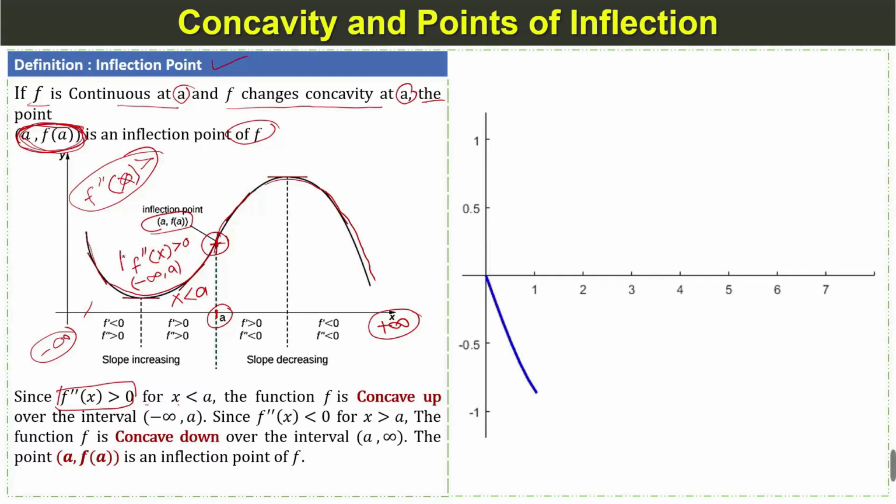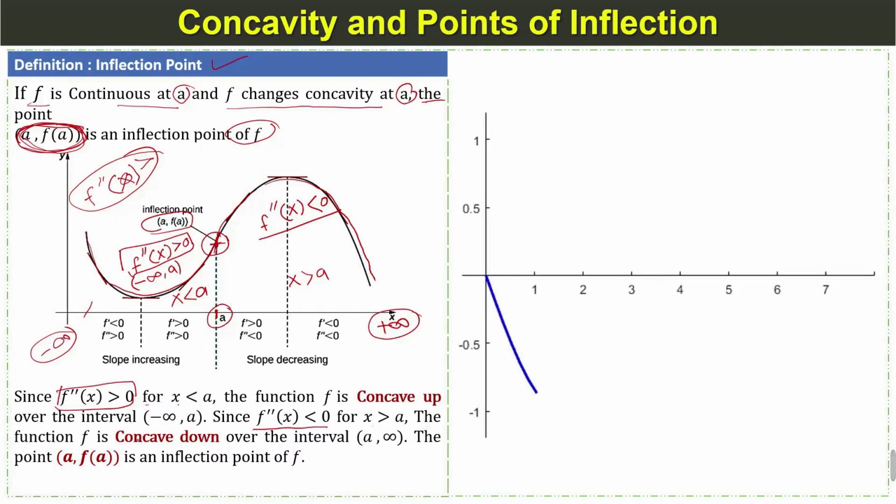We know that when the second derivative of the function is positive, or greater than 0, then the function is concave up. And next, since the second derivative of the function is less than 0 for x greater than a, in this region the second derivative is less than 0.